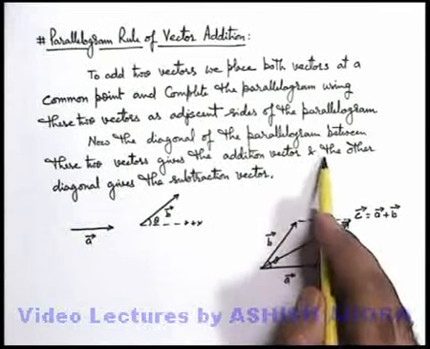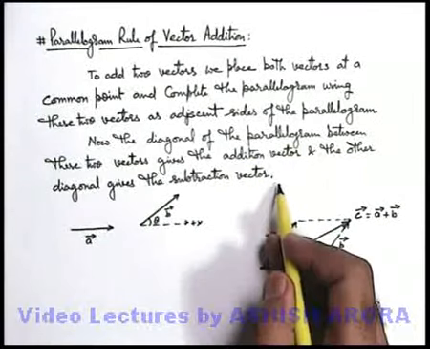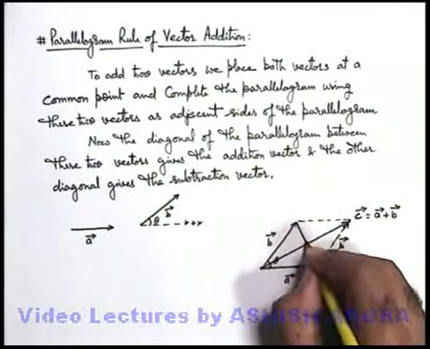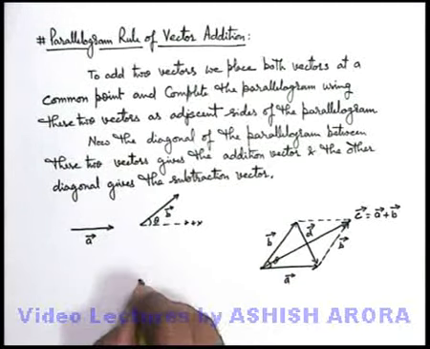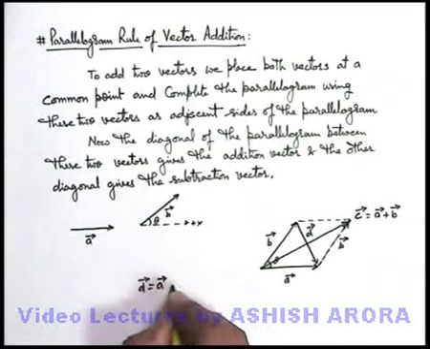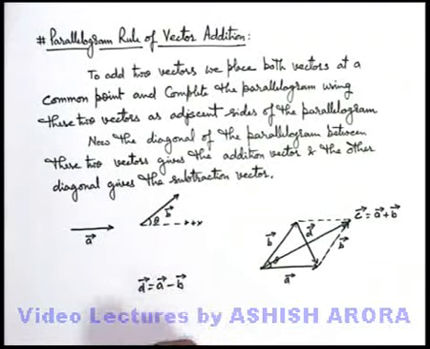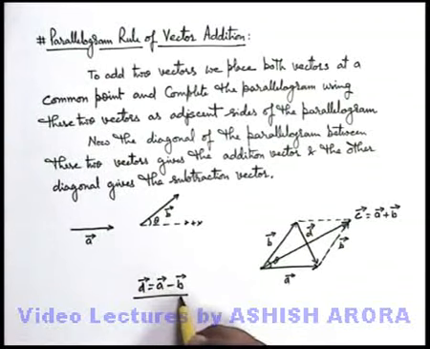Along with this, it is also saying the other diagonal gives the subtraction vector. So if we draw this diagonal, this is a vector D. Here we can write D vector is equal to A vector minus B vector. And you can very easily verify this statement also.